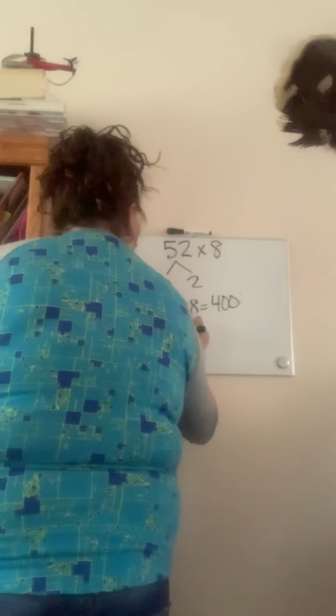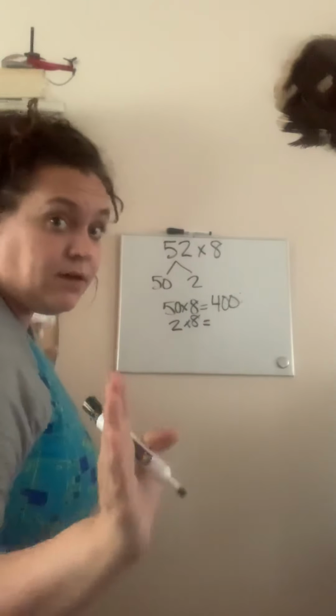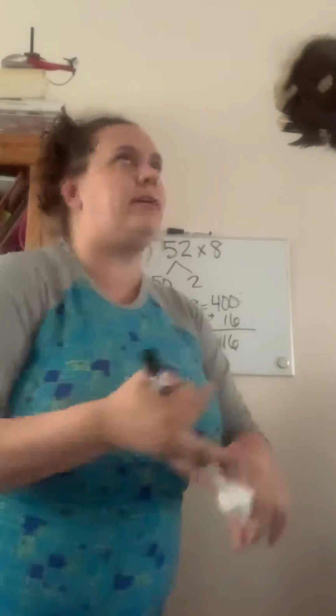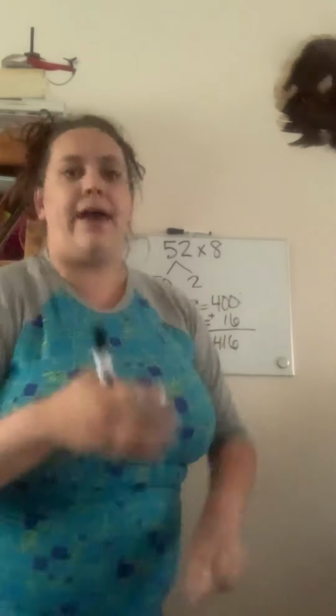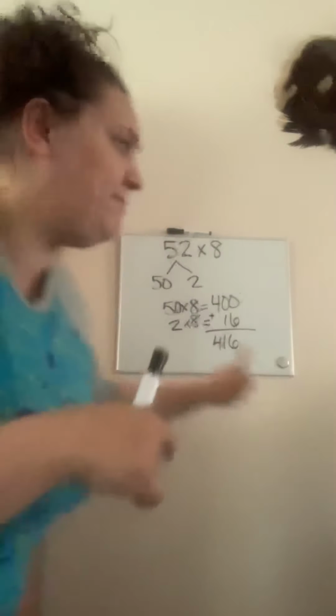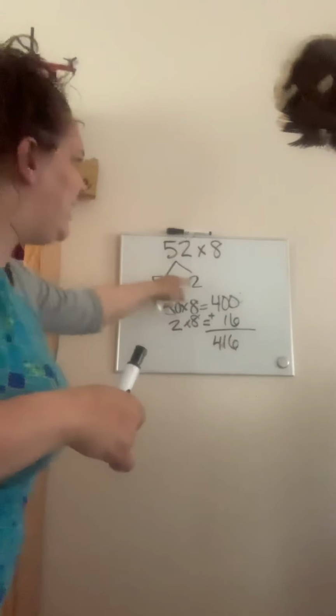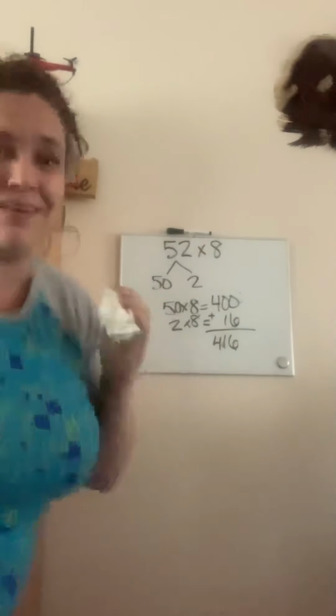And I can go 2 times 8, doubles, you should know this, 2 times 8 equals 16. Add those together, 416. So instead of trying to do 52, 104, 156, 208, and adding it that way, I can break the array apart into manageable squares to make it make sense.